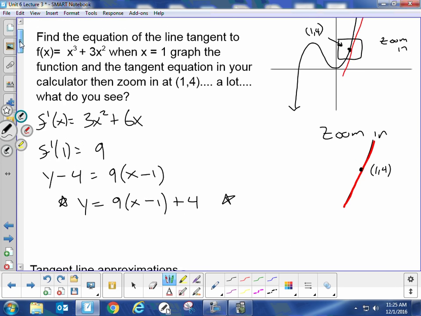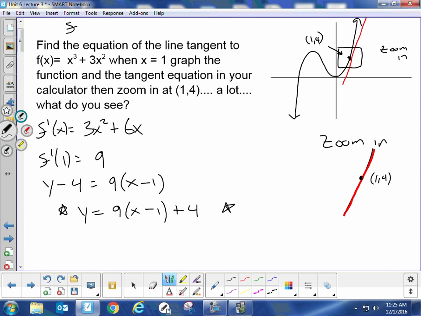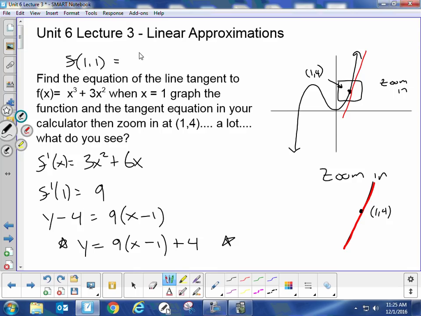I mean, hey, what is f of 1.1? Well, by hand, I don't want to take 1.1 cubed and then add 3 times 1.1 squared. That's going to be tough to do by hand.